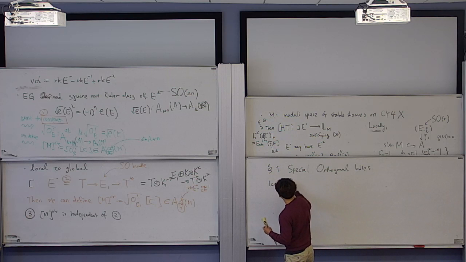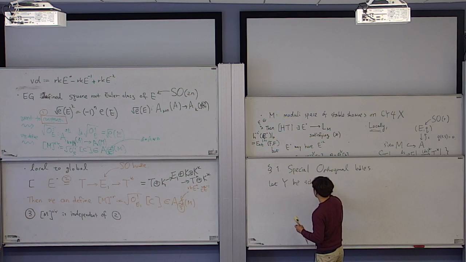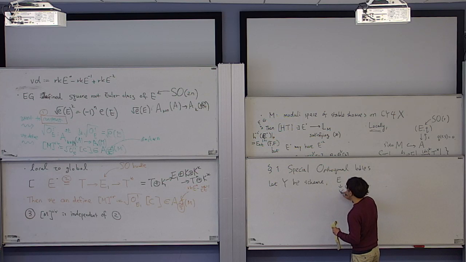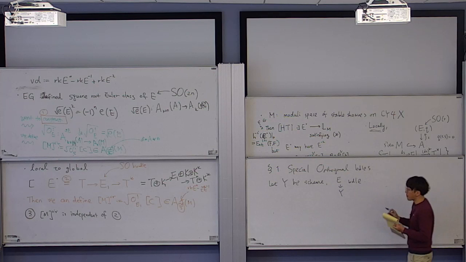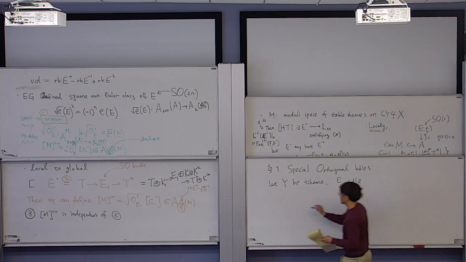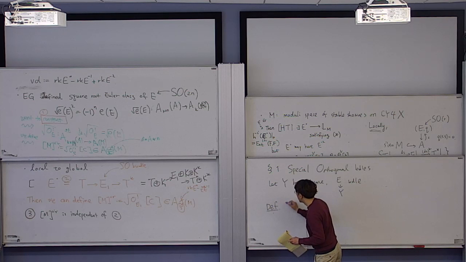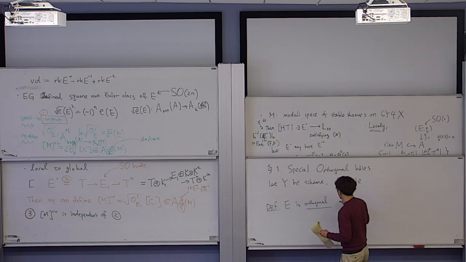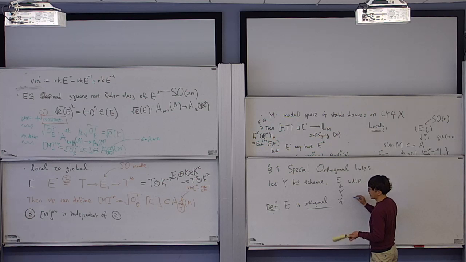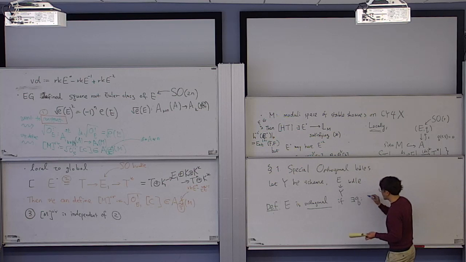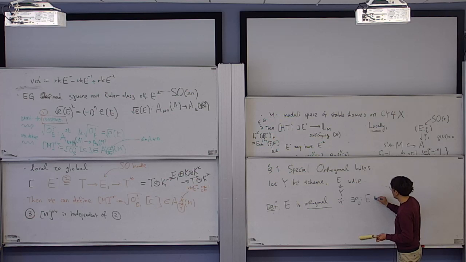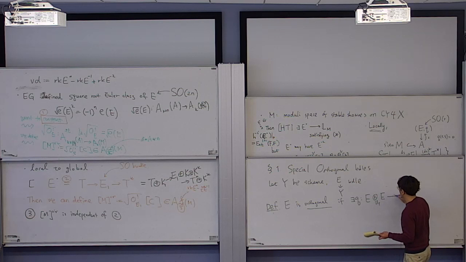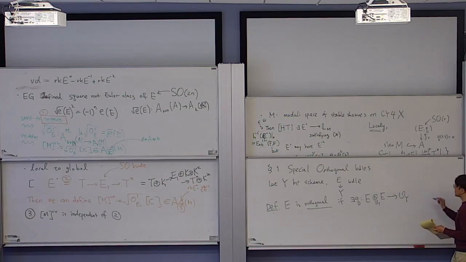Let Y be any scheme and E be a bundle over Y. We say it is orthogonal if it comes with a quadratic form Q, which is non-degenerate, symmetric, and bilinear.